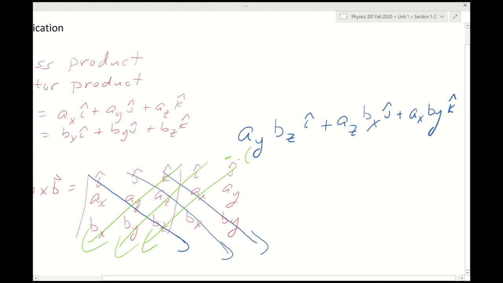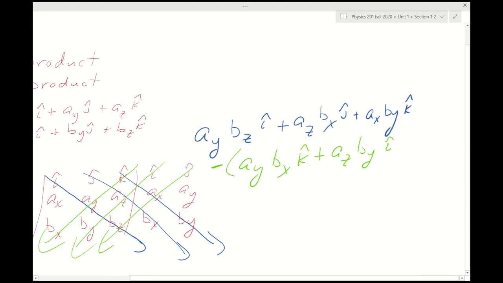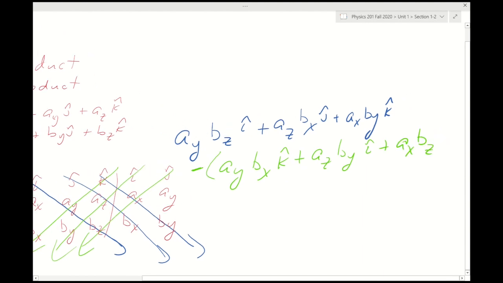I often will tell people to write these down, put a great big parentheses and stick that negative sign in front. So we have AY BX k plus AZ BY i plus AX BZ j.